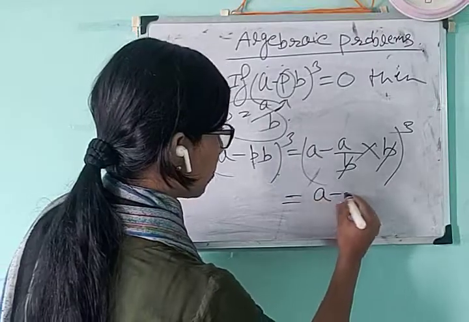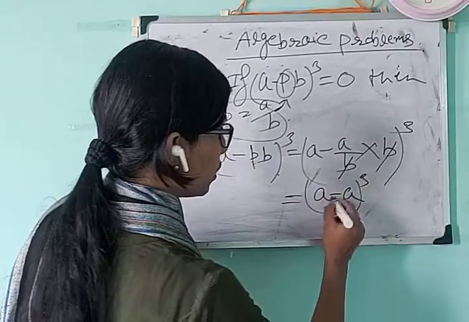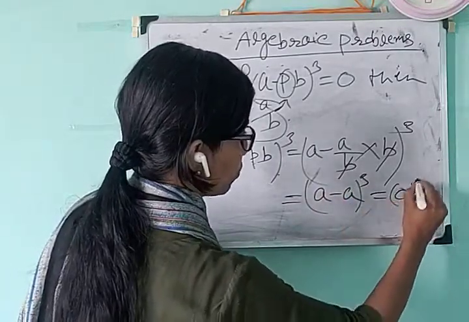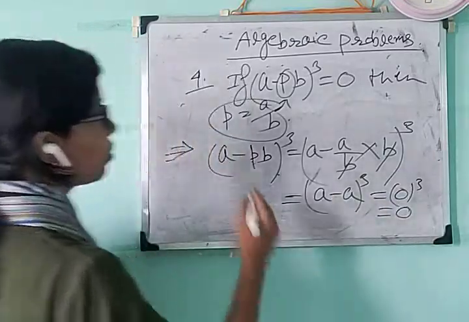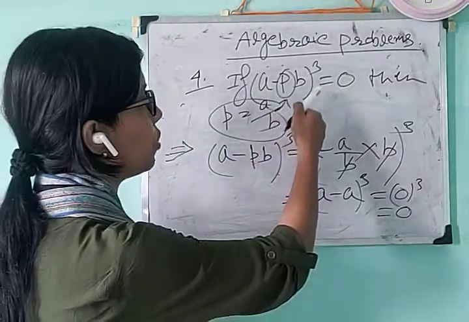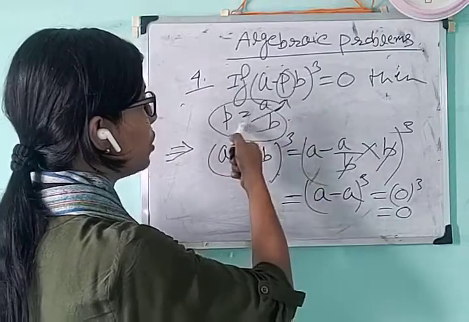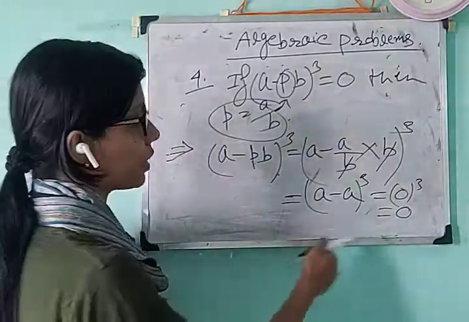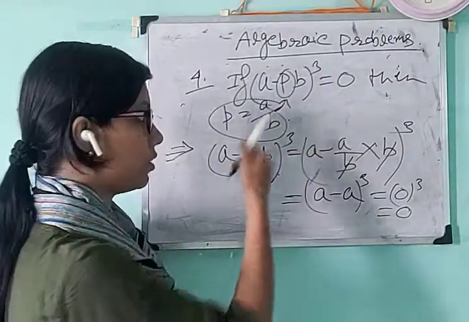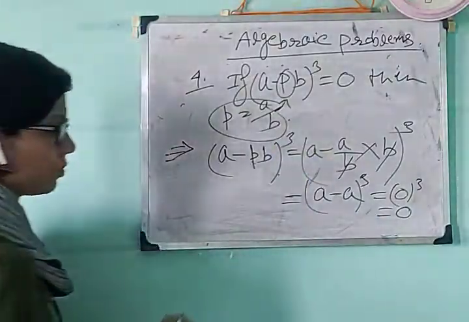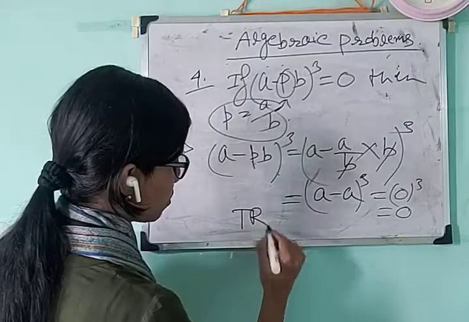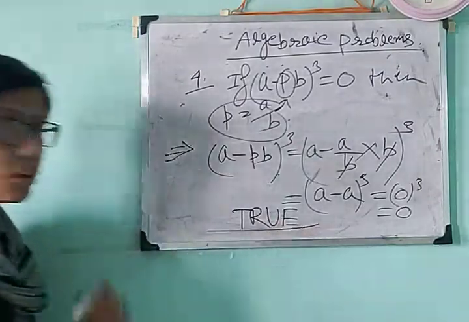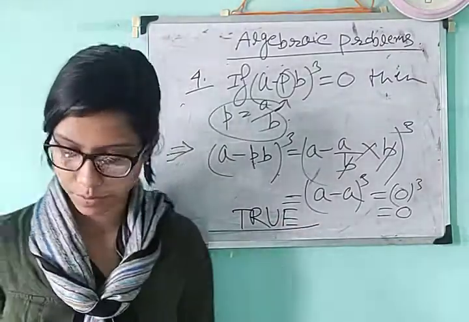It remains a minus a whole cube. It becomes 0. So 0 cube means 0. They have said that a minus pb whole cube will be 0, then p equal to a by b, and when we put p equal to a by b, we get absolutely 0. So the result matches and the statement becomes a true statement, right?